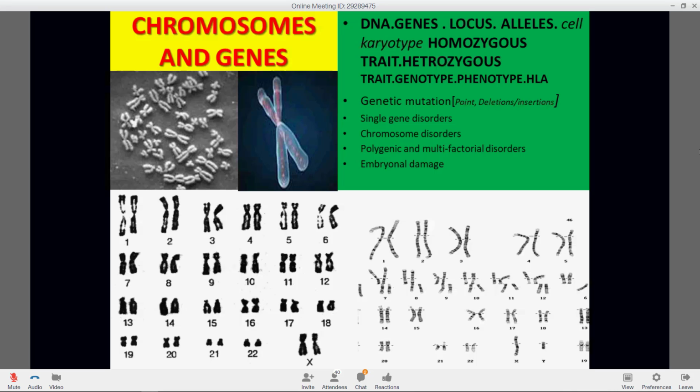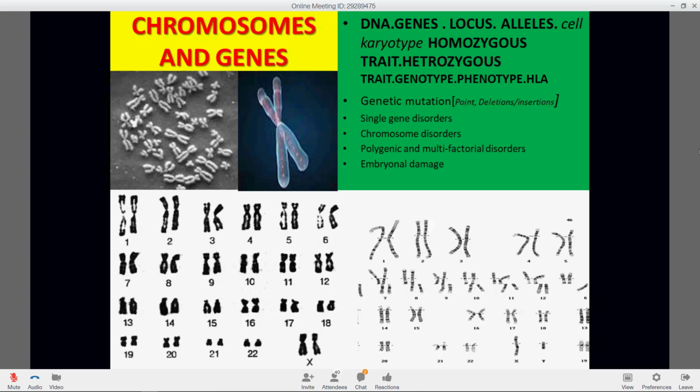HLA is the human leukocyte antigen or major histocompatibility complex. This is a group of genes located on chromosome 6, and they code the immunity for the body.